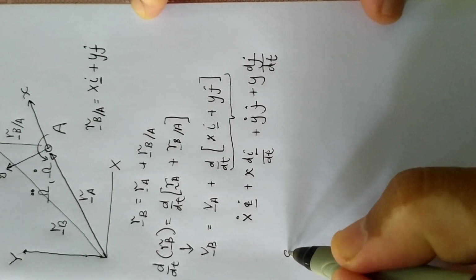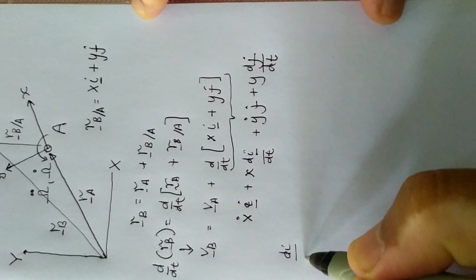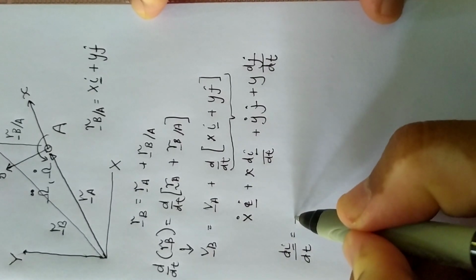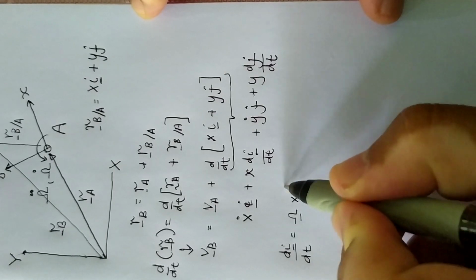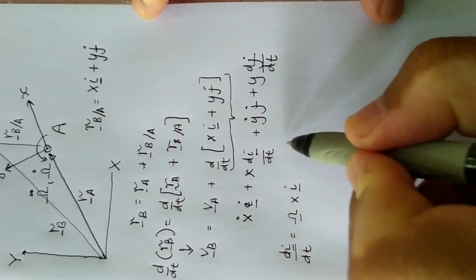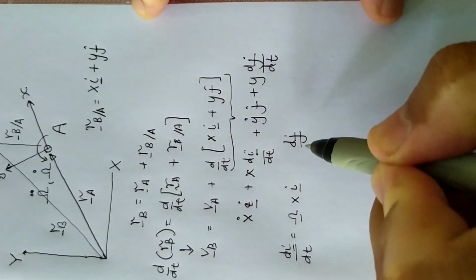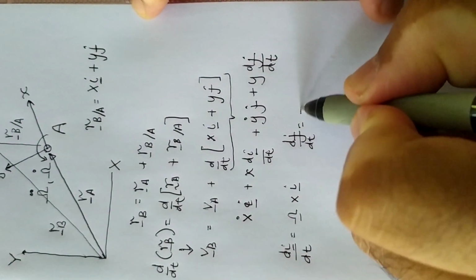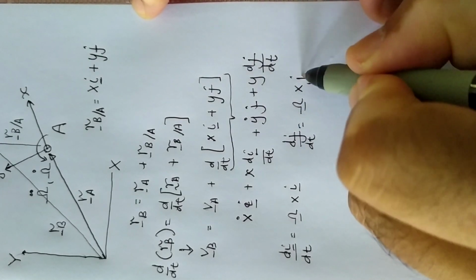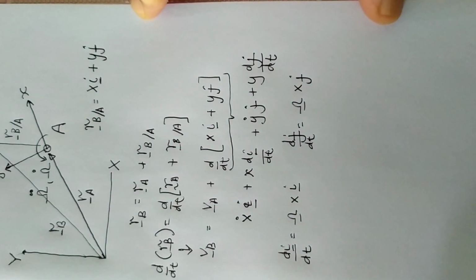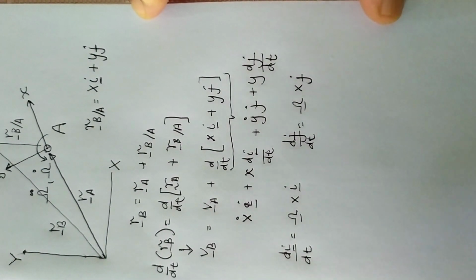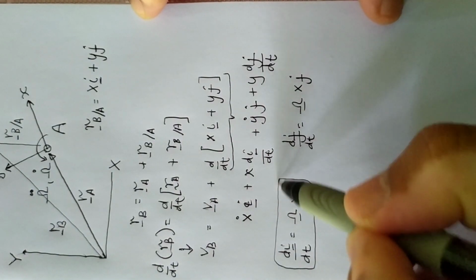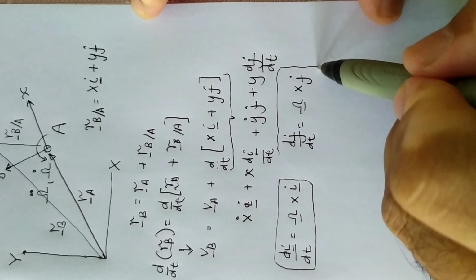I'll just write down what happens when we differentiate the unit vector i over t. It becomes omega cross i. Similarly, if you differentiate unit vector j relative to t, dj over dt, it becomes omega cross j. This is key to the understanding, so I'll put a box here so that you can refer to it.